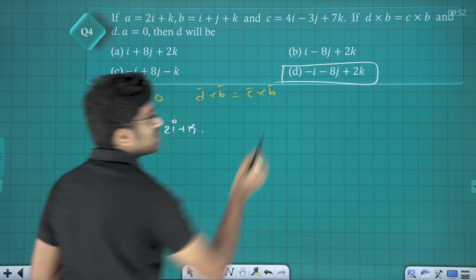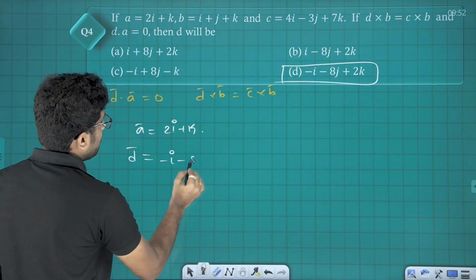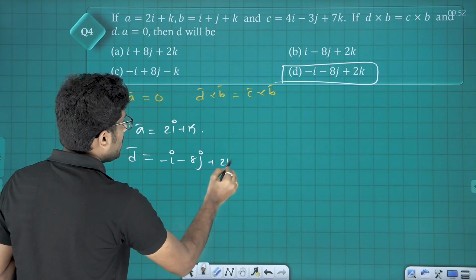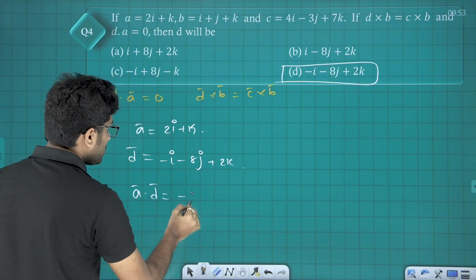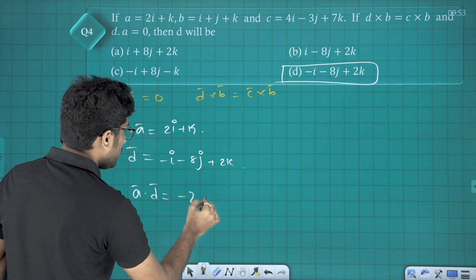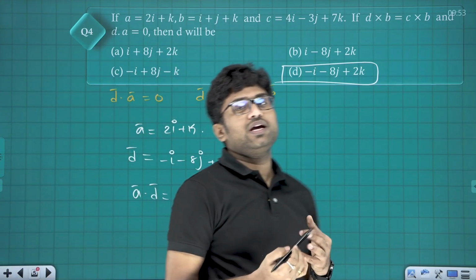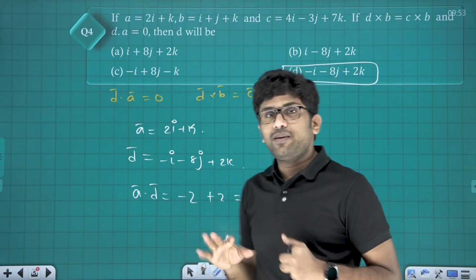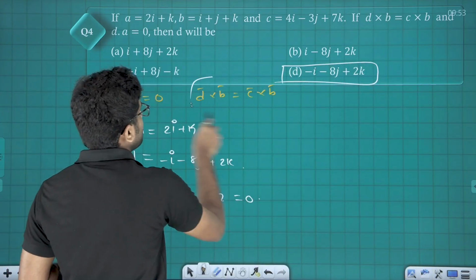D bar is equal to minus i minus 8j plus 2k. Now let's find A bar dot D bar. 2 into minus 1 is minus 2, plus 2 into 1 is plus 2. This is the only option which is satisfying A bar dot D bar is equal to 0. Imagine if there is one more option which is satisfying, then in that case you use this, friends.